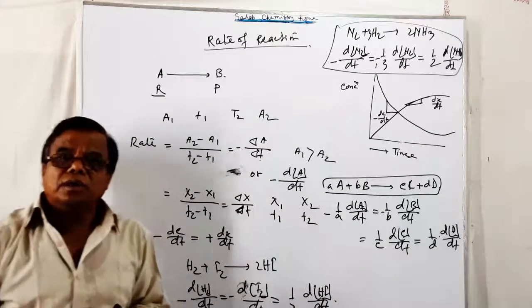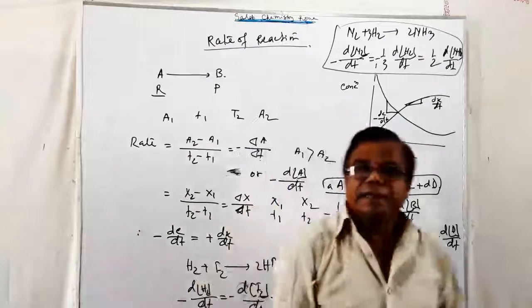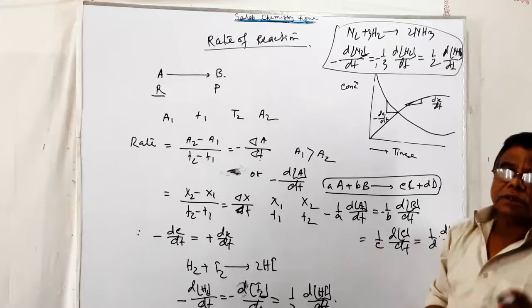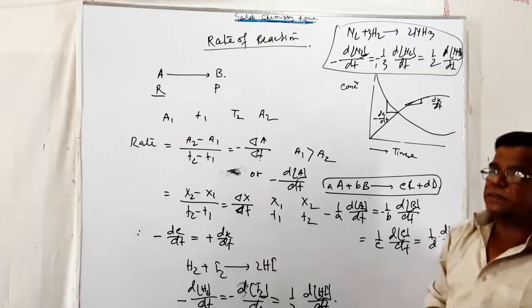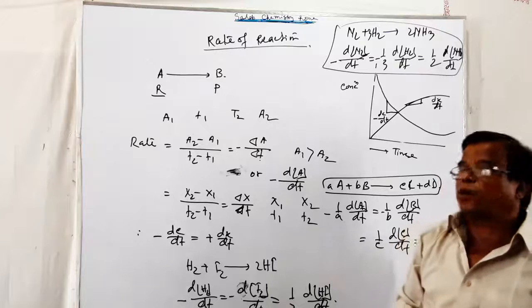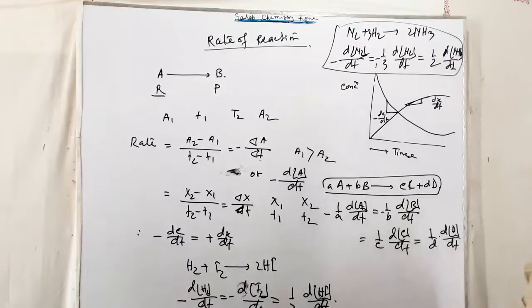All chemical reactions are characterized by thermodynamics and the consideration of kinetics. Thermodynamics deals with the concentration of the reactant and product, but it does not depend on the path of the reaction.